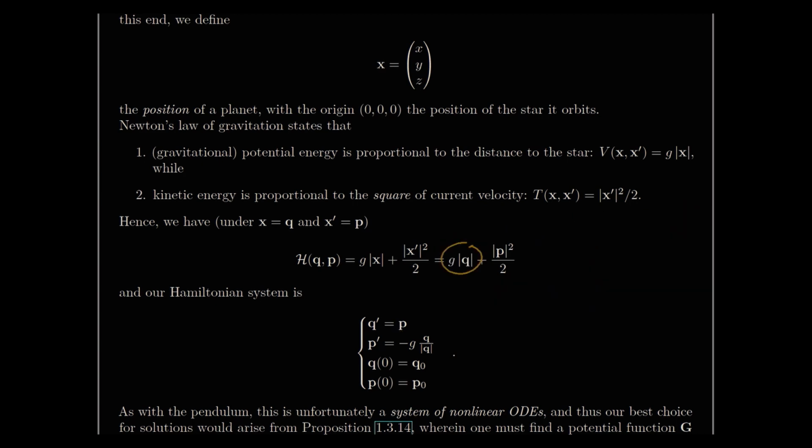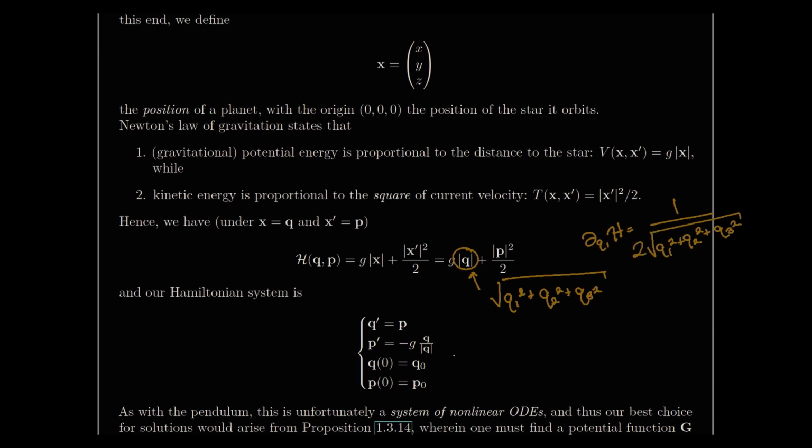Moreover, if I take a gradient in the variable q of h, this is going to be partial q1 of the magnitude. The magnitude is the square root of q1 squared plus q2 squared plus q3 squared. So if I take a derivative of that in q1, what do I get? I get 1 divided by the square root of q1 squared plus q2 squared plus q3 squared, and there's a 2 that comes down from the power rule, and then there's a chain rule that says take a derivative of that q squared, and I get 2q1.